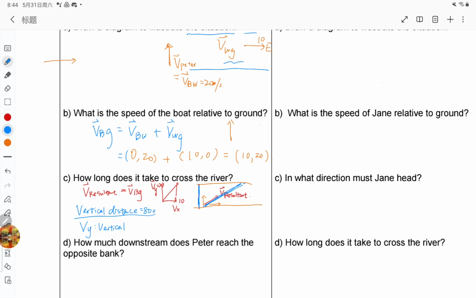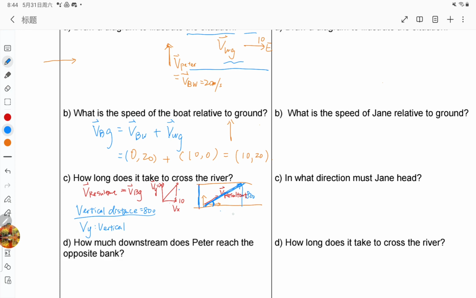So one way is that you identify Peter is actually heading this way, and then we calculate this angle using some sine cosine, right? We can definitely calculate this, because if this is 800, and using sine cosine, we know that it's 20 over 10 here, right?